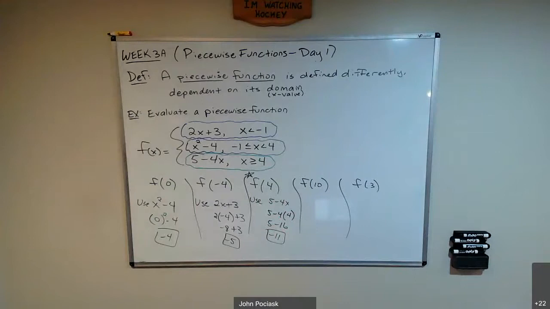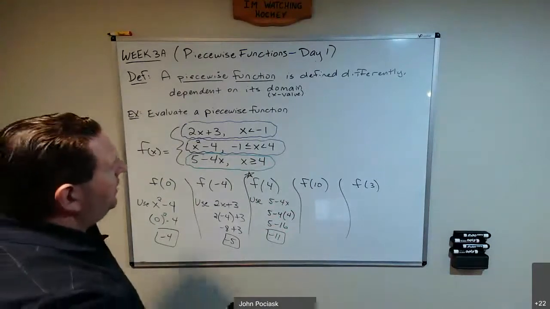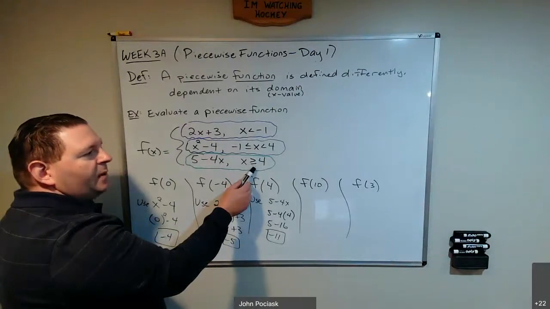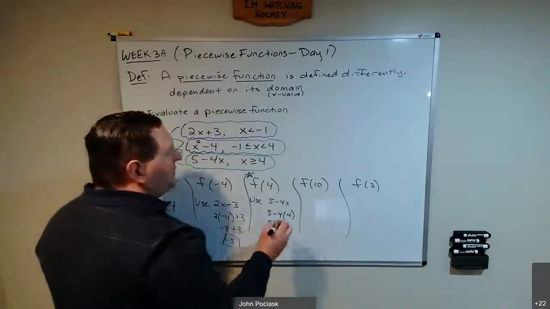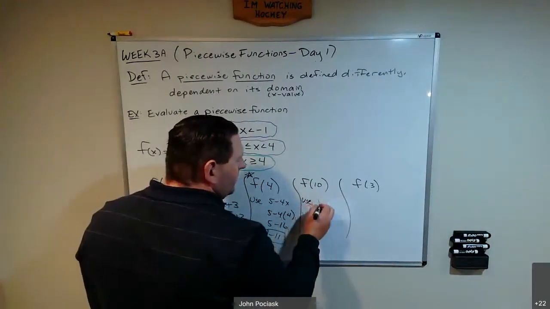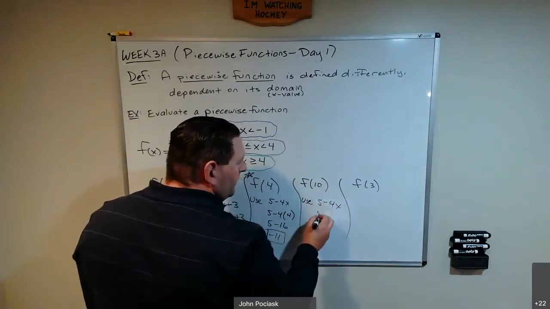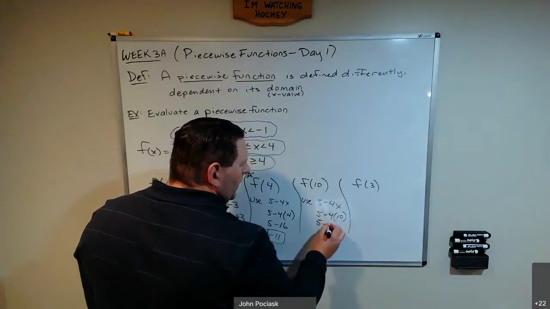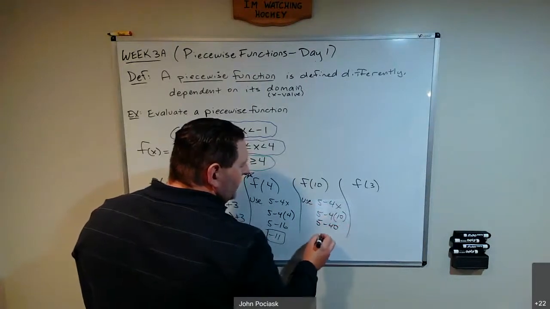Right? 10. 10 also is on this, right? It also satisfies this inequality. So you use 5 minus 4x again. And that comes out to be -35.